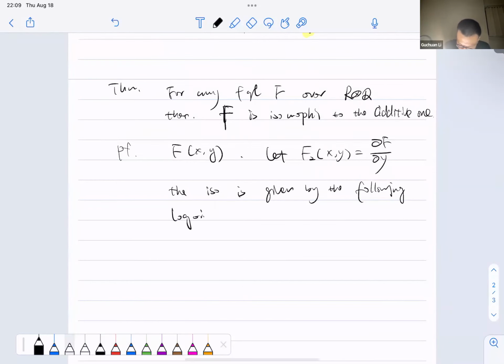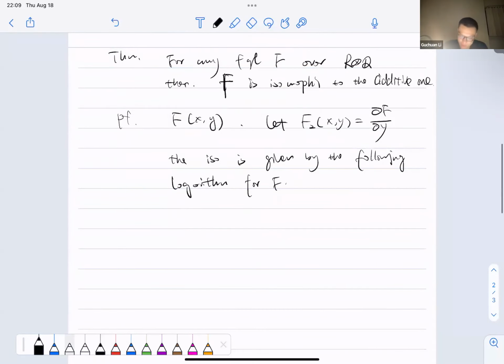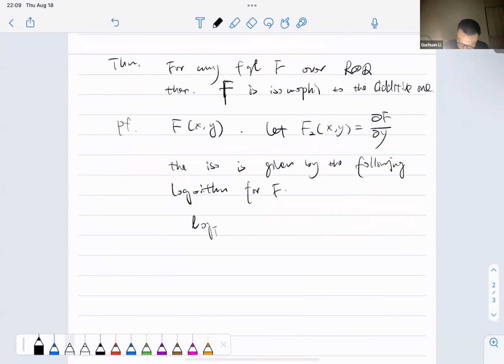The logarithm function for F, we can write it log_F. This formula is a formal integral: you integrate this function at (t, 0) with respect to t, up to x.